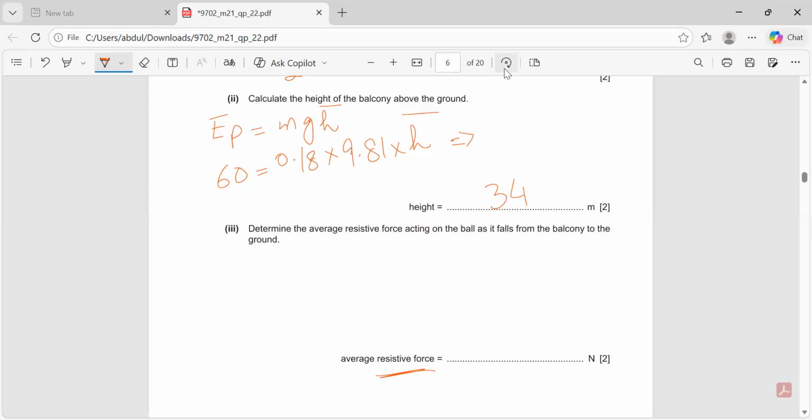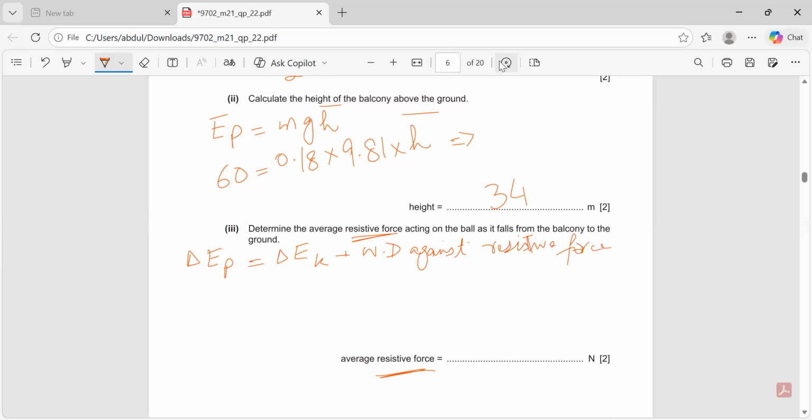Now see, I will write here that the loss in GPE, or the change in gravitational potential energy, is equal to the gain in kinetic energy, plus the work done against resistive forces, or resistive force.